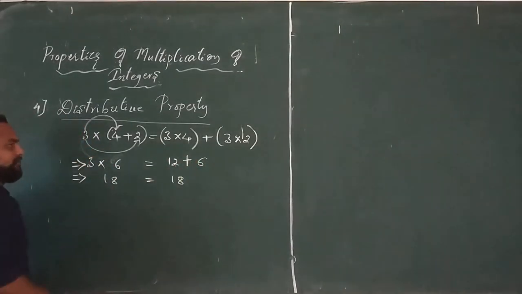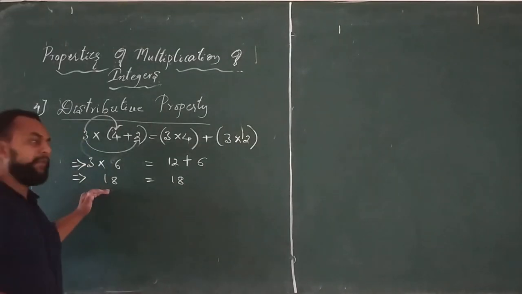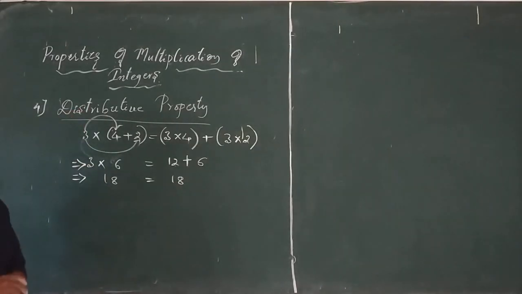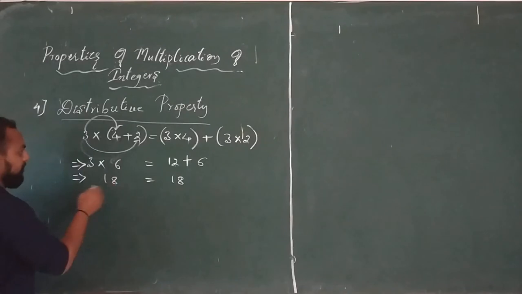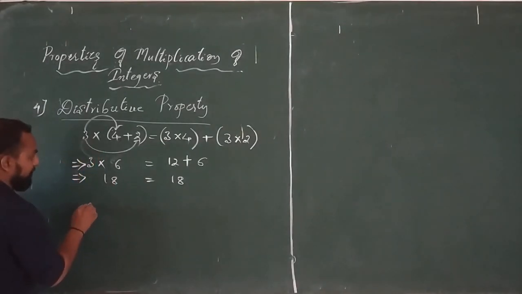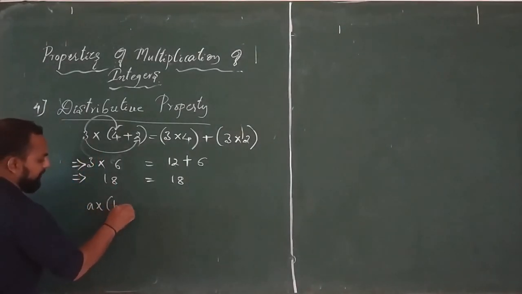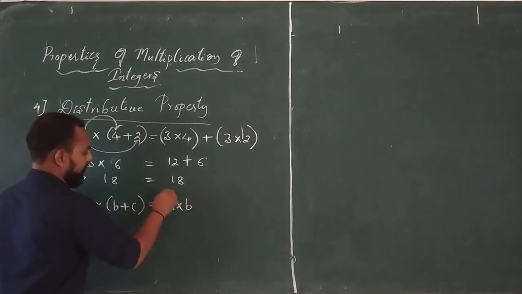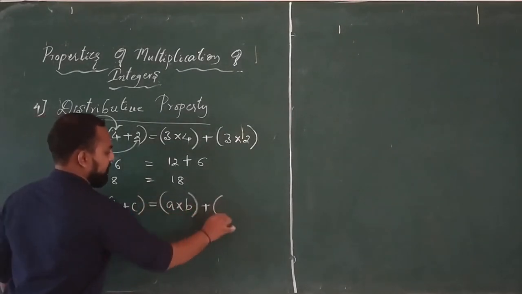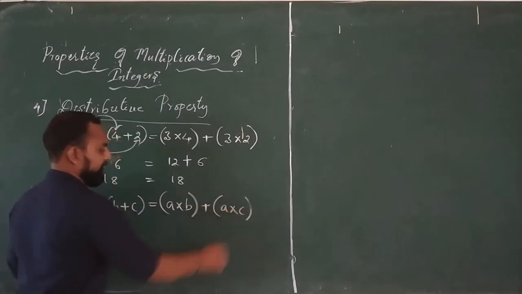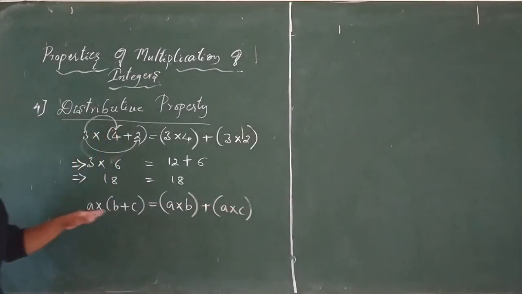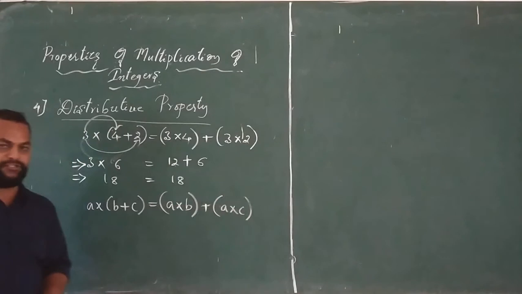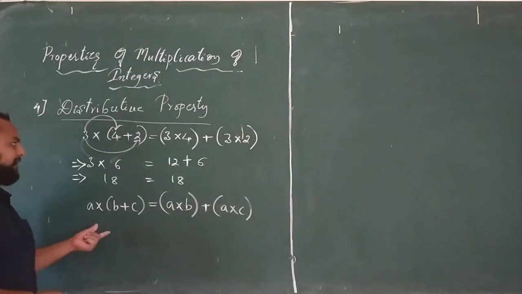This is the distributive property of multiplication over addition. In general, a into b plus c equals a into b plus a into c, where a, b, c are any integers.